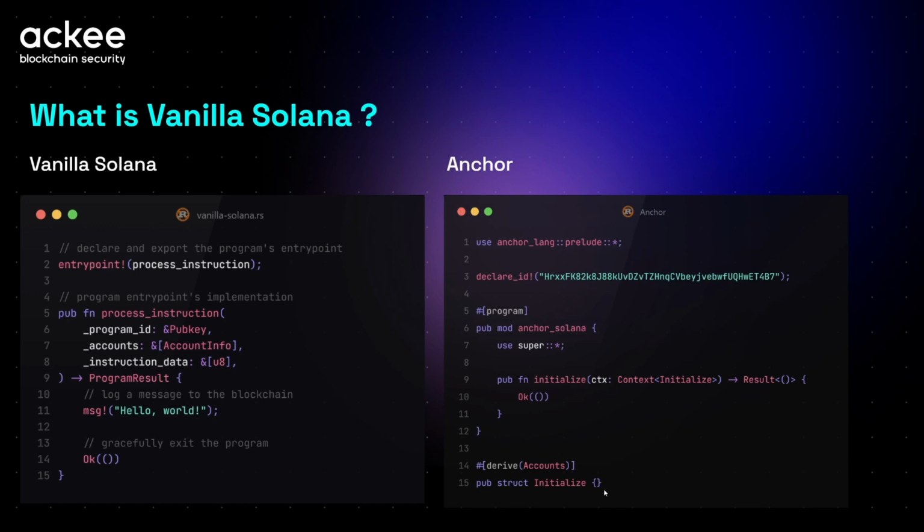From the first sight, it might look like this Anchor part, which is basically hello world, a freshly initialized Anchor project without any logic, is completely different from this vanilla Solana version, but we will see that at the end, these macros, which are program and derive accounts, and also the account macro, expand to a version really similar to this vanilla Solana.